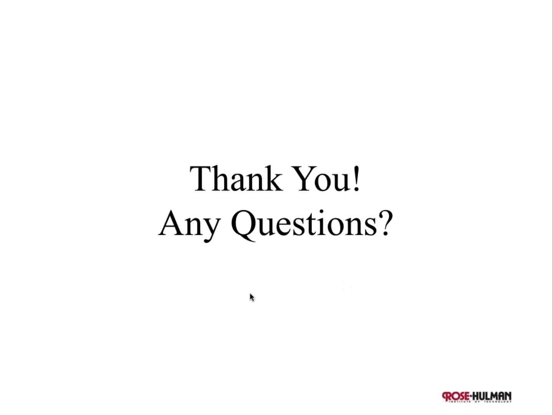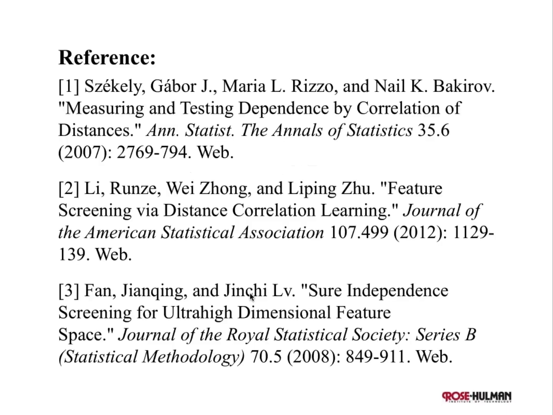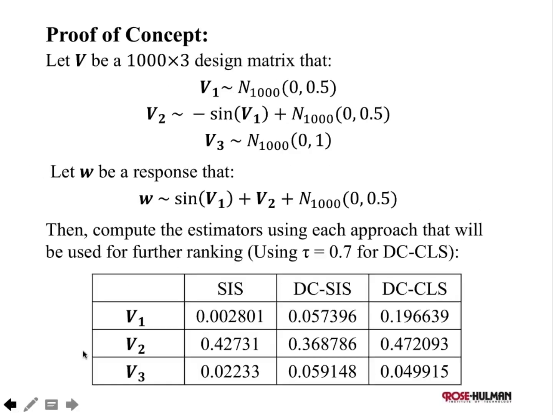Sorry, I need to think about this for a minute. Oh. Well, actually, I have another maybe simpler question I think I might have missed. Can you go back to the table you had with V1, V2, V3? Okay. Yes. So I assume then, and maybe I missed this, W is unrelated to V3 in your simulation?